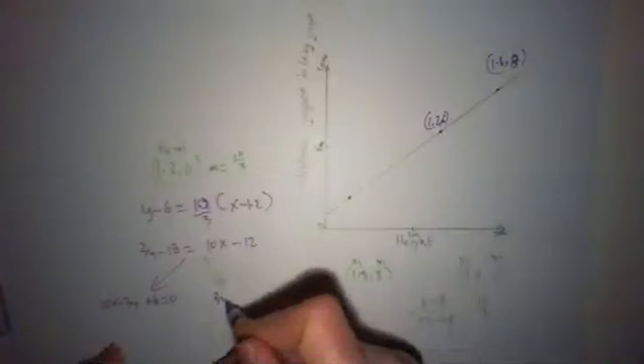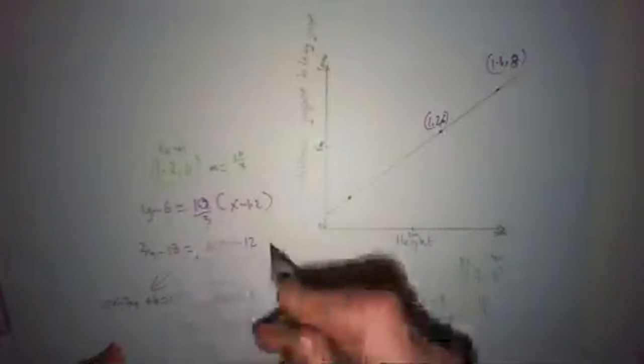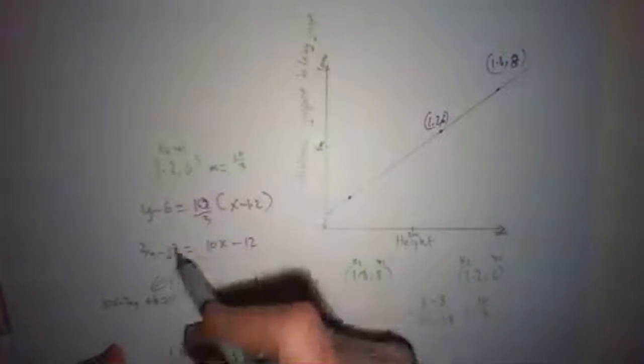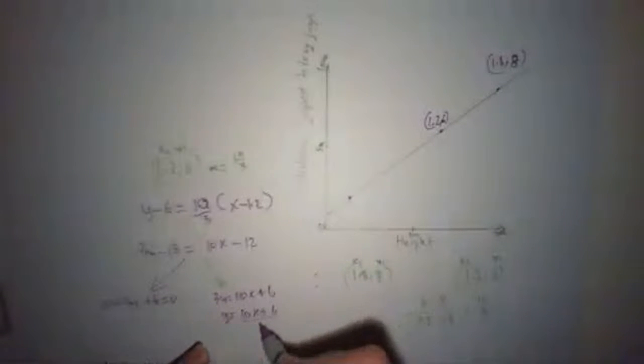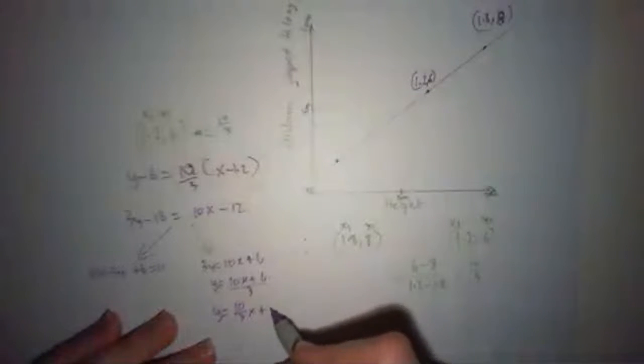However, if we're doing these type of questions where you're trying to put it into the real world, you're going to have to go 3y is equal to 10x plus 6. Y is equal to 10x plus 6 over 3. You see, you're with me so far? So you're rearranging to get y on its own. And then y is equal to 10 over 3x plus 2.